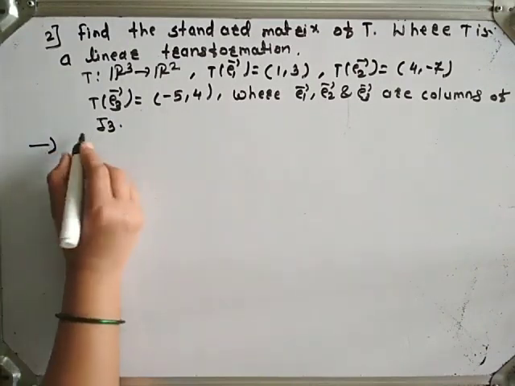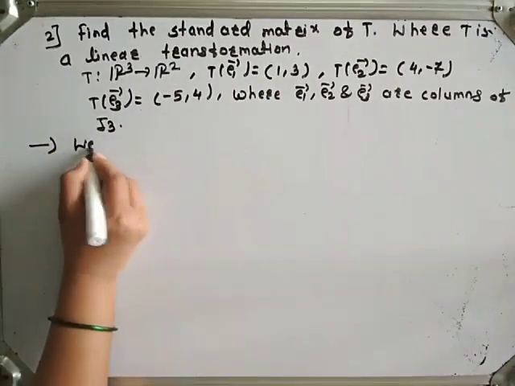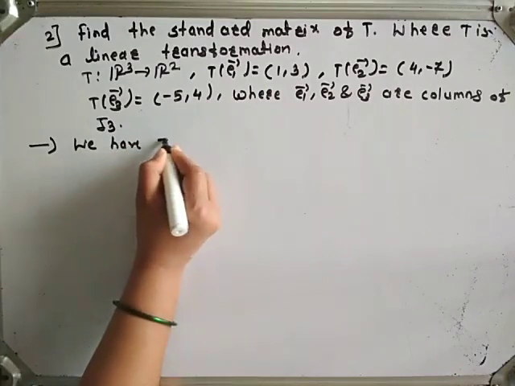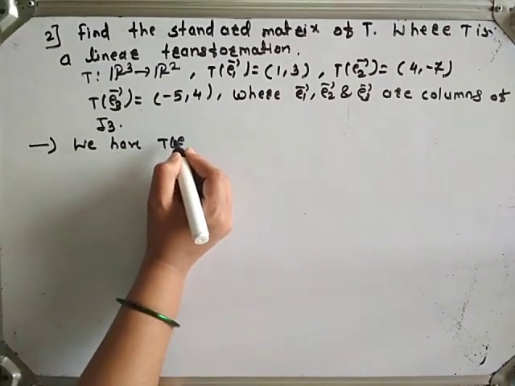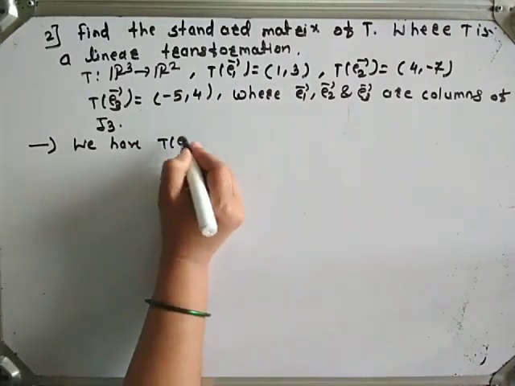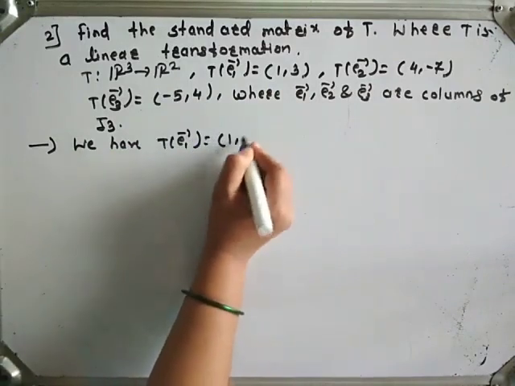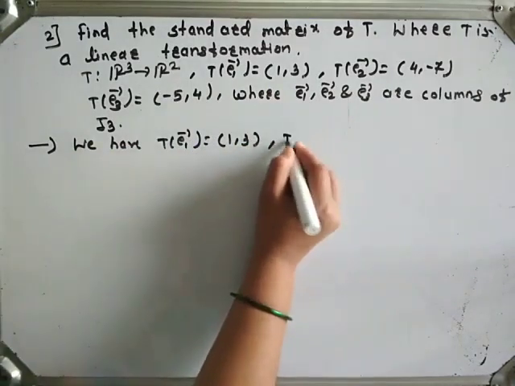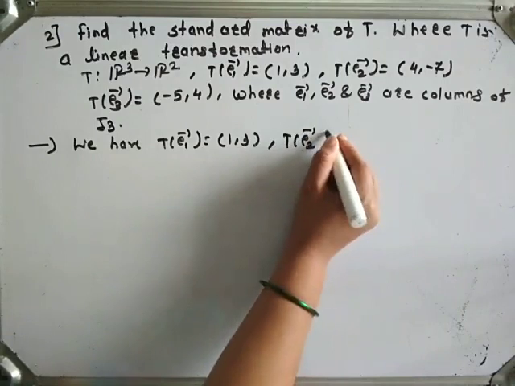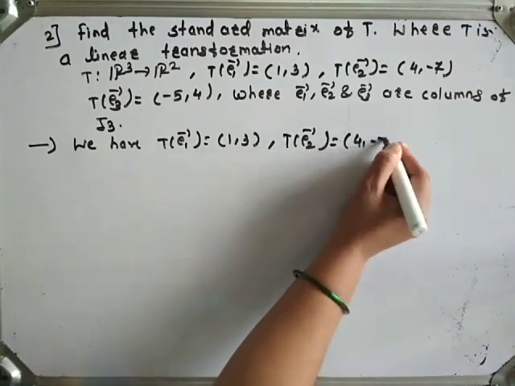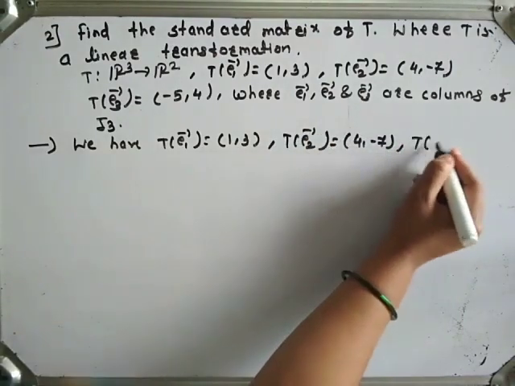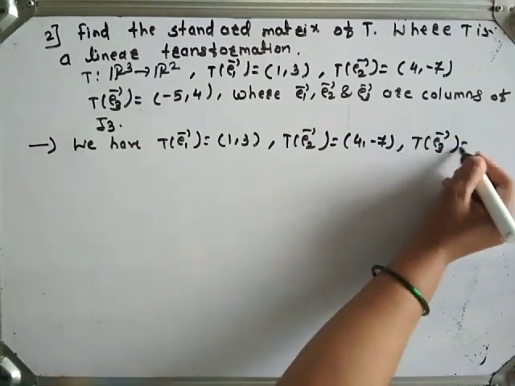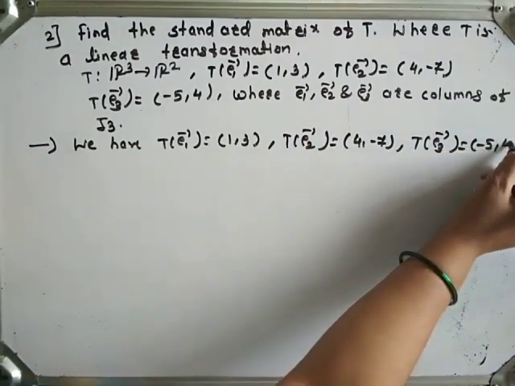Solution. Here we have T of E1 bar is equal to the vector 1 comma 3. T of E2 bar is equal to the vector 4 comma minus 7 and T of E3 bar is equal to the vector minus 5 comma 4.